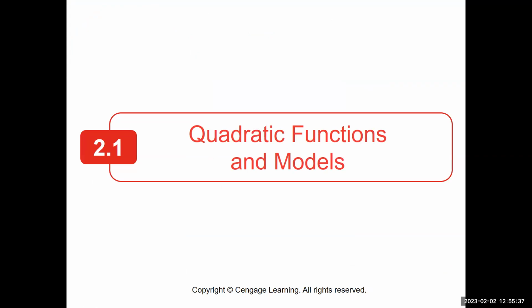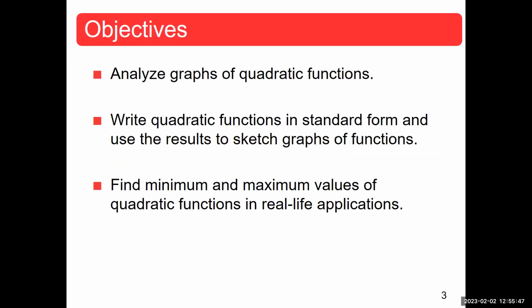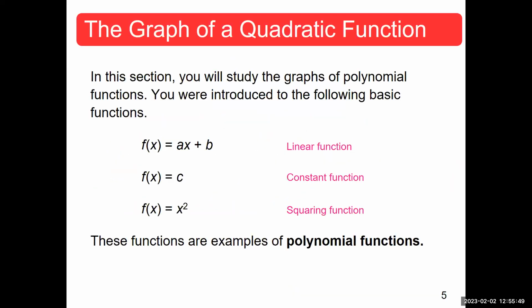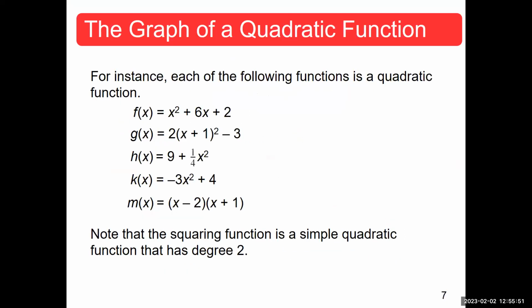quadratic functions, and modules. We already know what quadratic functions are: parabolas, squaring functions, second order. I'll give you some examples. All of these functions on this page are parabolas or quadratic functions. Anytime you have x squared in it, it is a quadratic function.